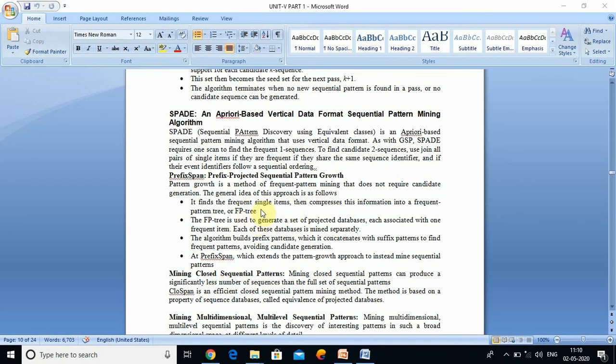Already we know the FP tree; in the third unit we learned about the FP growth algorithm, where we construct the FP tree. The FP tree is used to generate a set of projected databases, each associated with one frequent item. Each of these databases is mined separately. The algorithm builds a prefix pattern, which is concatenated with the suffix patterns to find the frequent patterns, avoiding candidate generation.